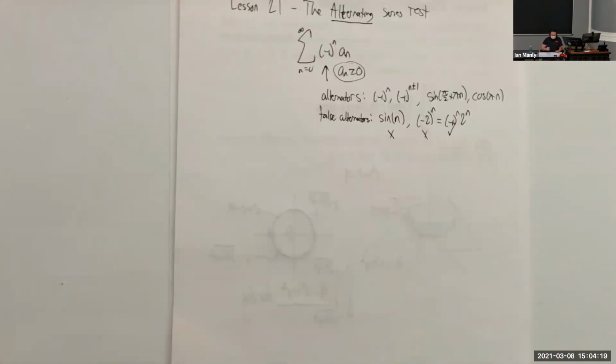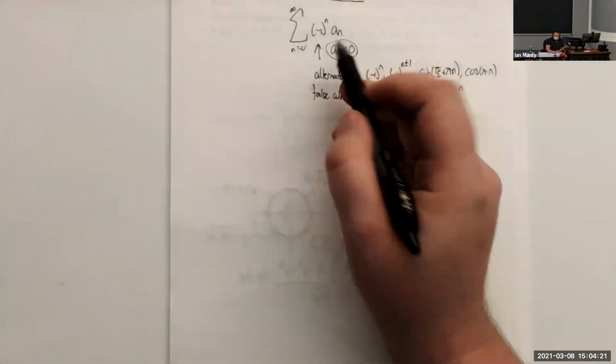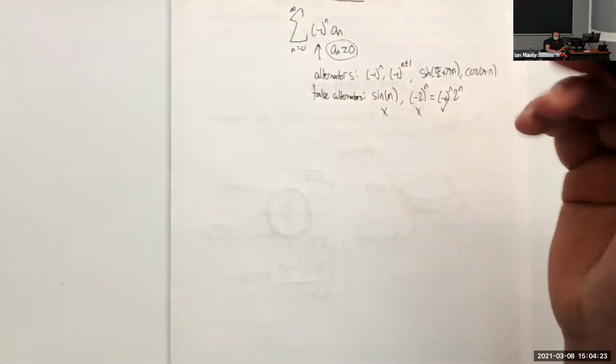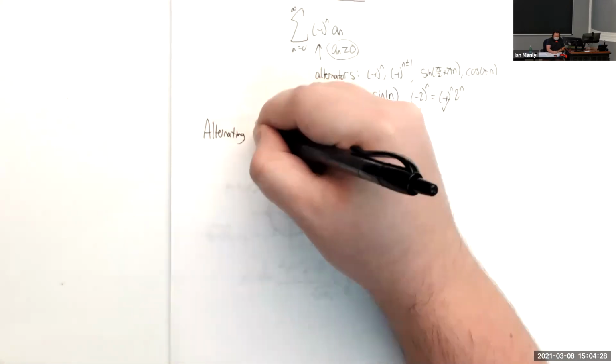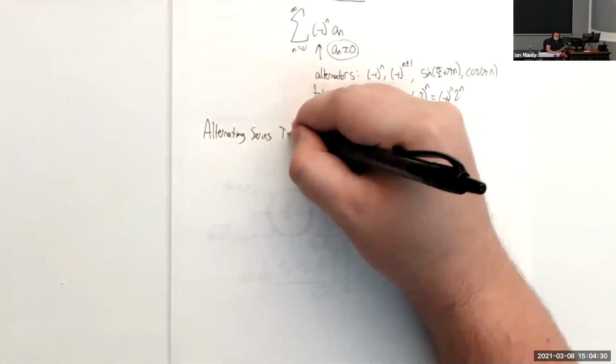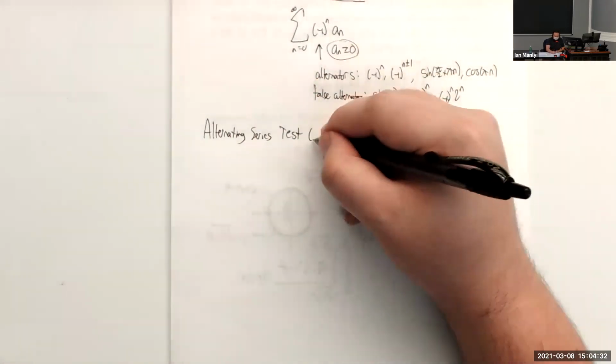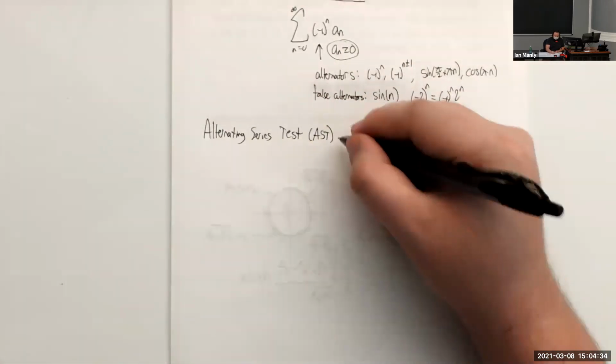There are alternators. So let's talk about the alternating series test. We need an alternator times our sequence that's positive, and then we have an alternating series. And then how do we know if these converge? We use the alternating series test. And once again, 3 words are too long, so this is going to be the AST.